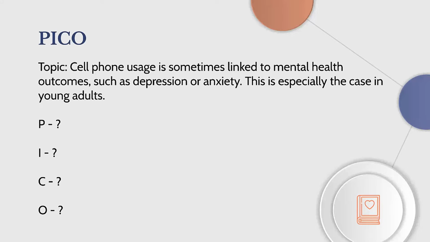So we have cell phone usage as our intervention, our comparison. Maybe if we're talking about excessive cell phone usage as intervention, then the comparator could be moderate or low cell phone usage. And then the outcome.